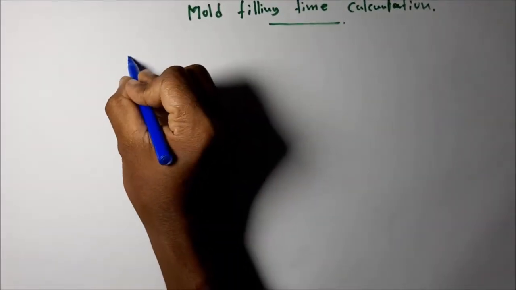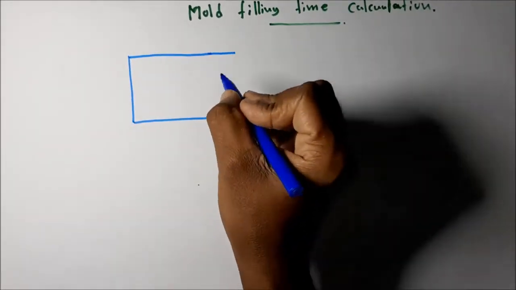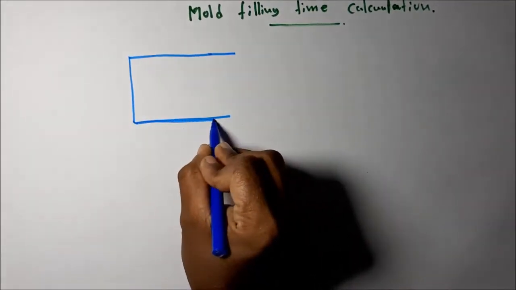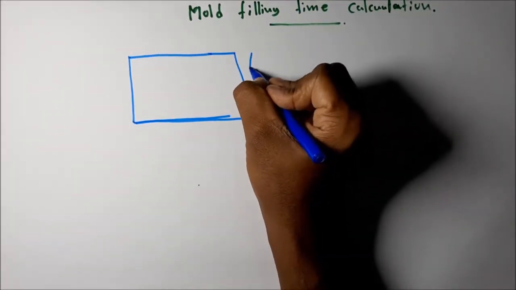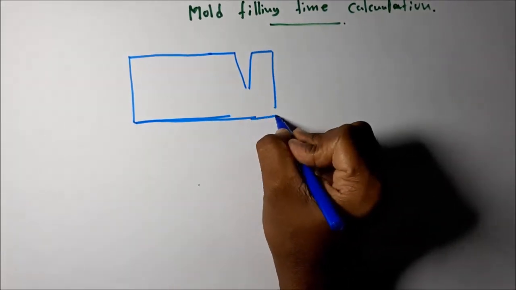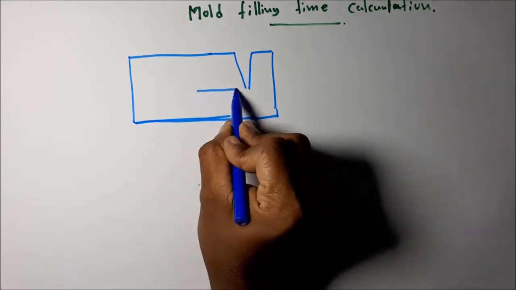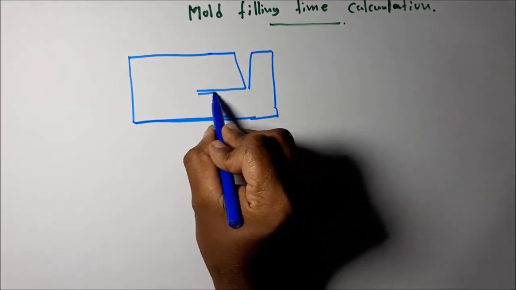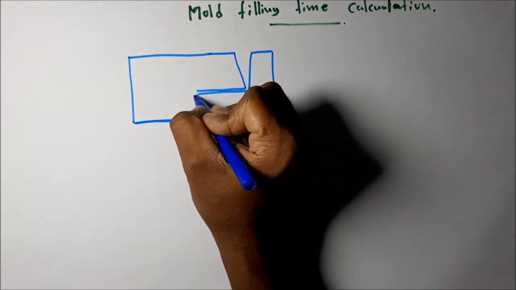let me take this kind of a mold. Let's take this is the sprue of the mold, where the molten metal is poured. Then it passes to the main runner, then it enters the cavity area.